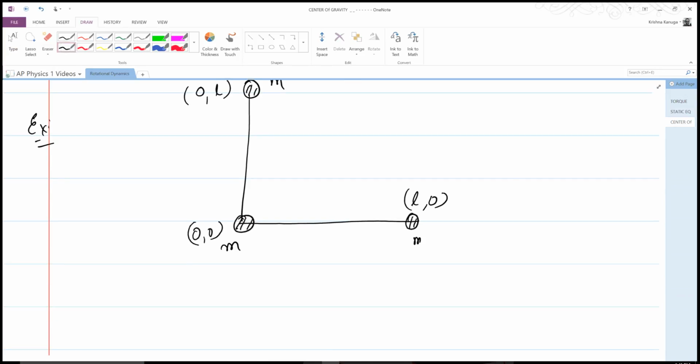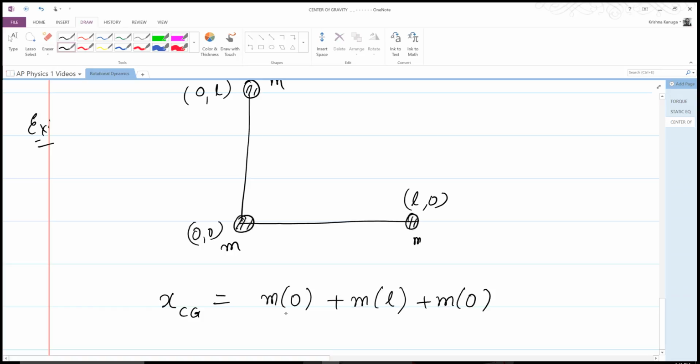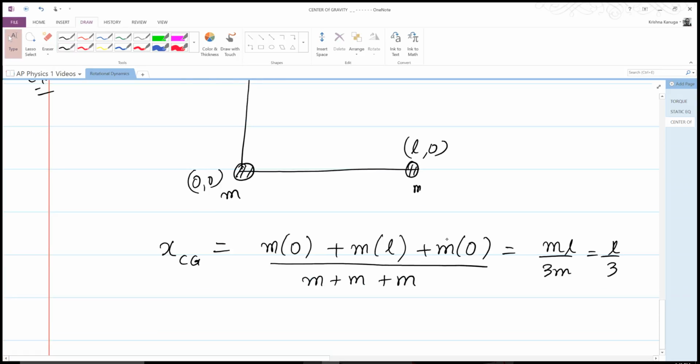So we can calculate our center of gravity again. x center of gravity is equal to m times 0 plus m times L plus m times 0, divided by m plus m plus m. If I do it correctly, I get mL over 3m, which is equal to L divided by 3.